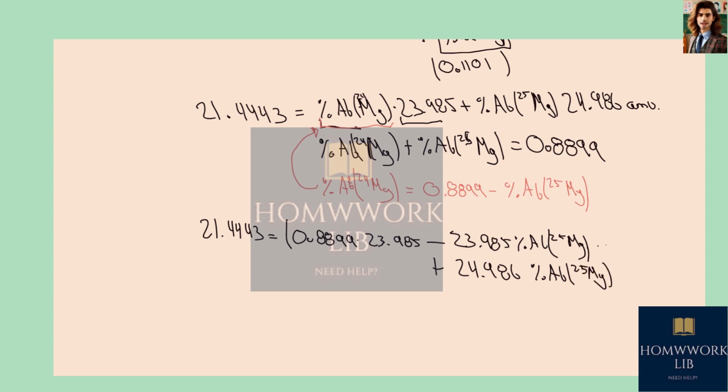As you can see here, both of the last terms are going to have in common the percent of abundance, so we can add them up together.